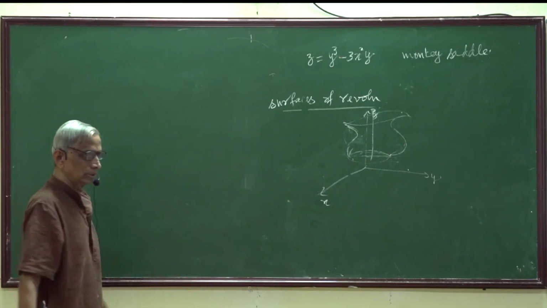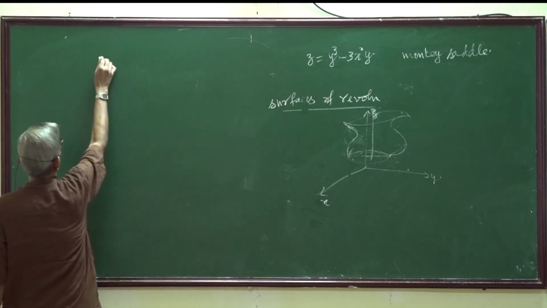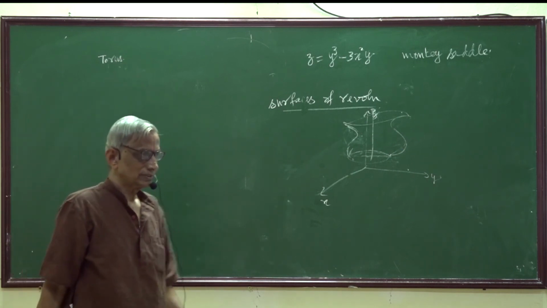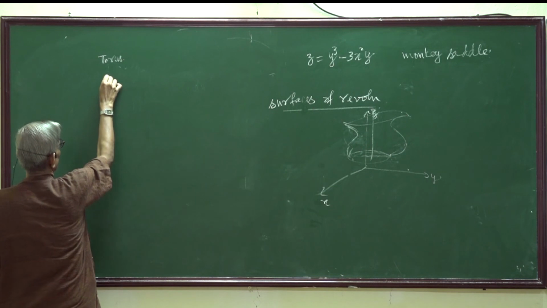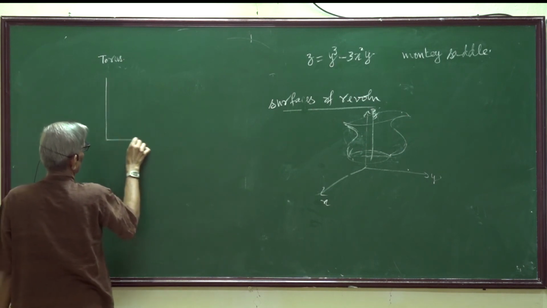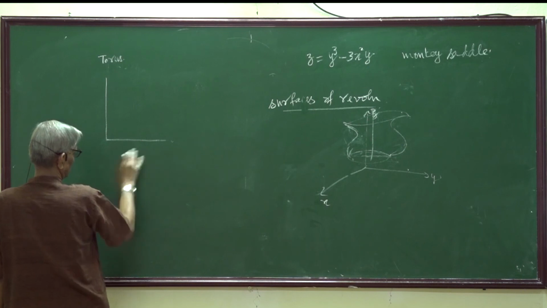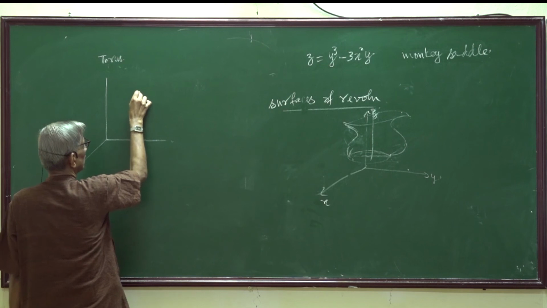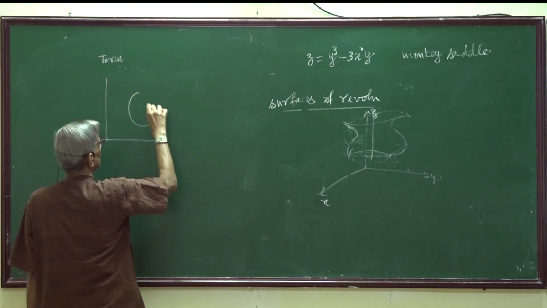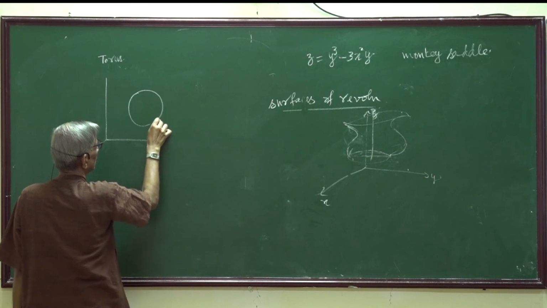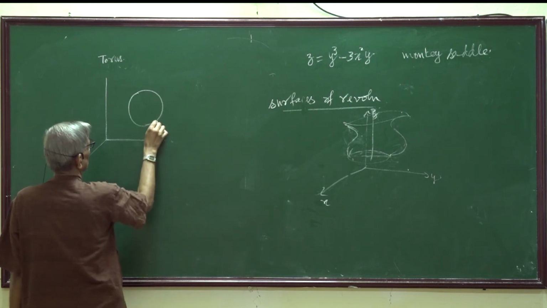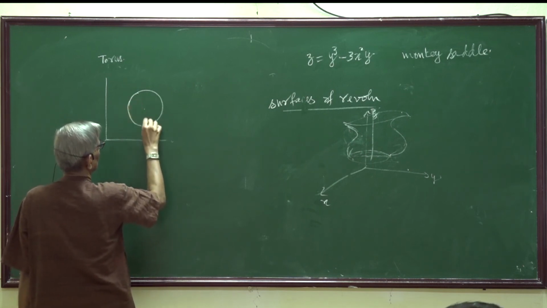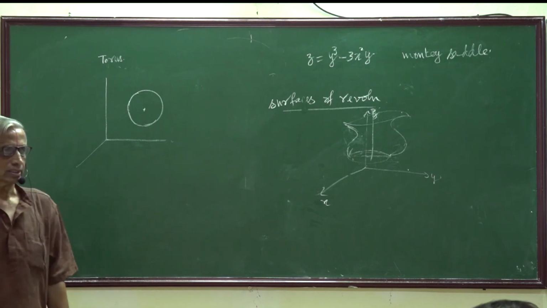An important example is the torus. Torus of revolution. So you take a circle in the yz plane like this.